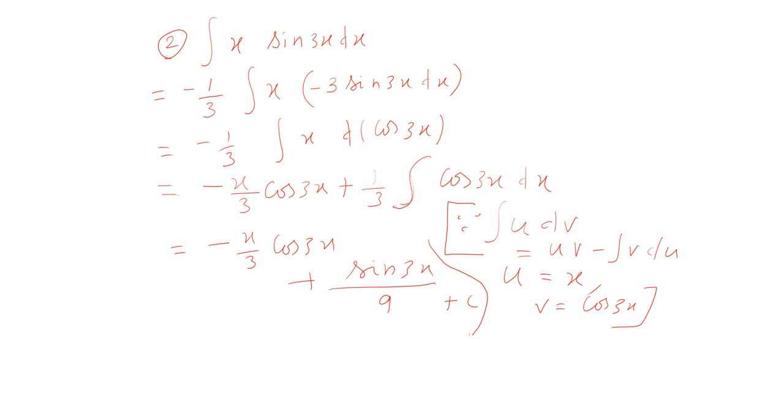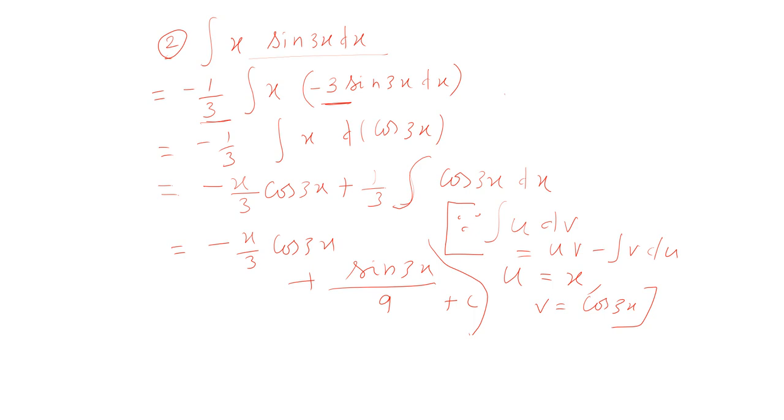Let me just repeat the whole process. Integral x sin 3x dx, that is the question to be found out. Now multiply and divide by minus 3 in the second step. I am just underlining for your purpose. Minus 3 sin 3x can be written as d of cos 3x.